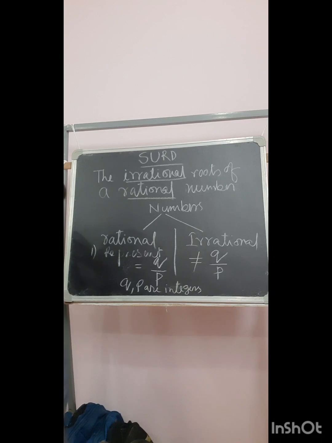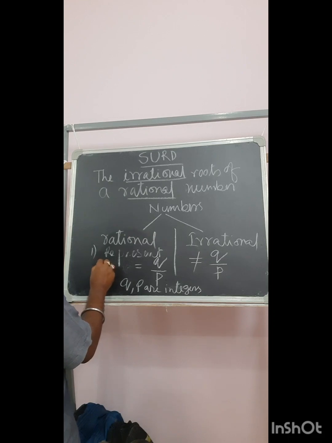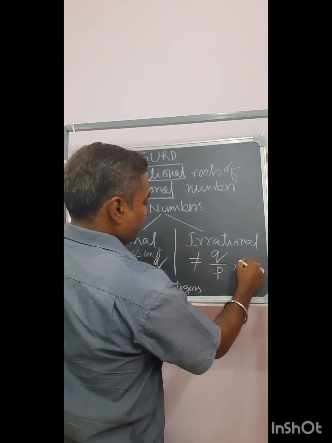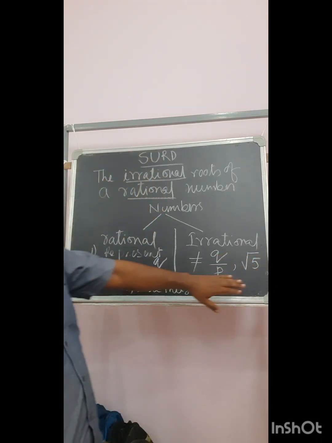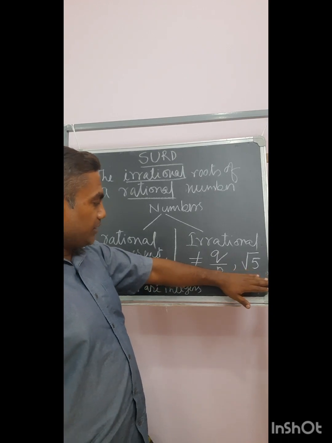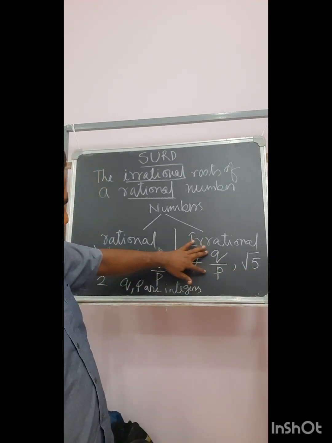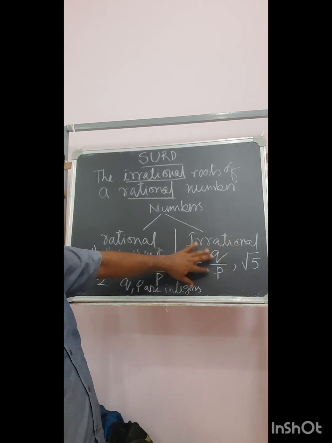So for example, if I take the number 3 by 2, I am taking an example of a rational number, whereas if I take an example of an irrational number, say the square root of 5, this is an irrational number. 3 by 2 can be represented as a ratio of two integers, whereas root 5 cannot be represented in the form of two integers p by q.